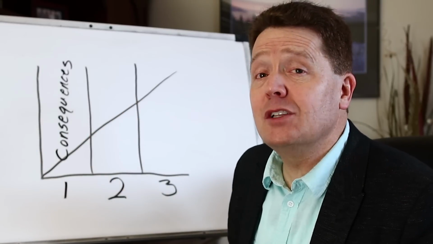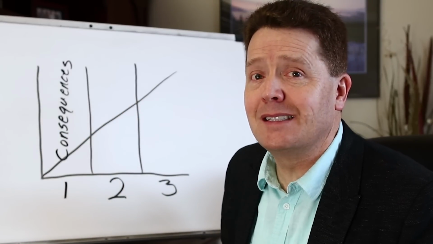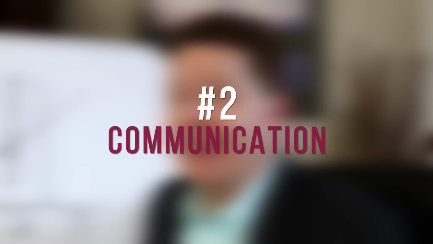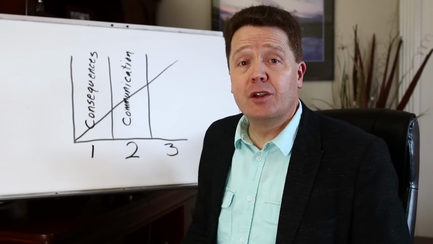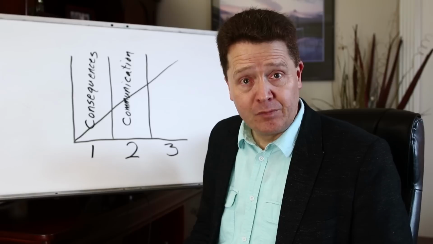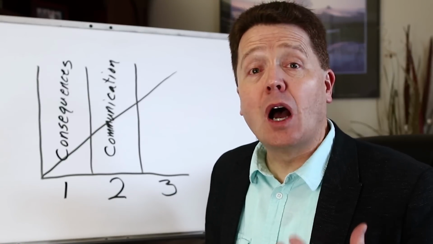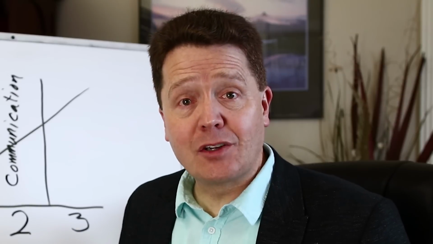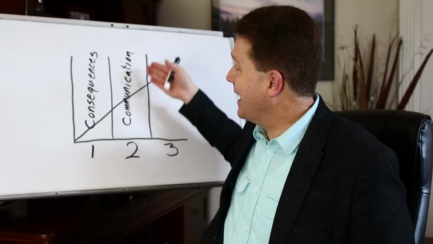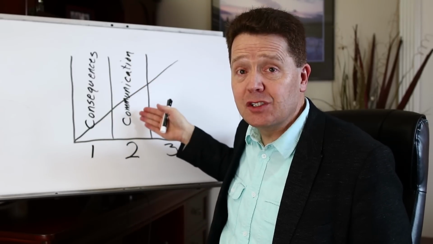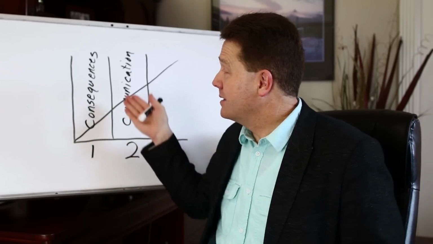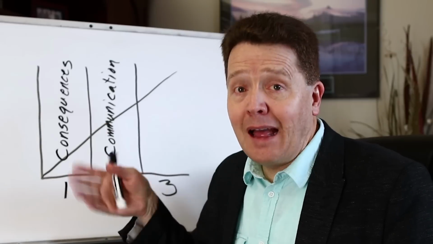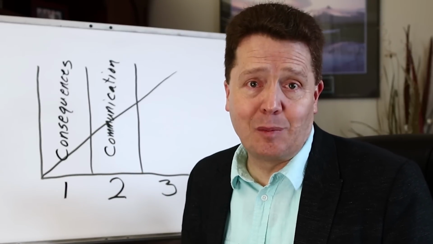Now, when we move to stage 2, we can also add this C word, communication. Stage 2 is where your child will cooperate with you. They're willing to talk to you. You can have a rational conversation. So we're going to add some communication at stage 2. I wouldn't waste a lot of time with talk on stage 1. That's kind of like trying to teach a pig to sing.